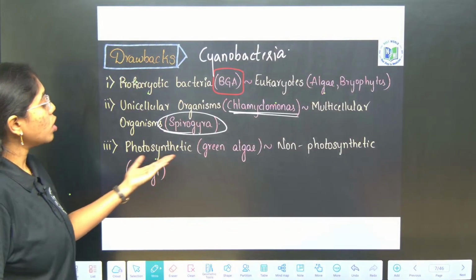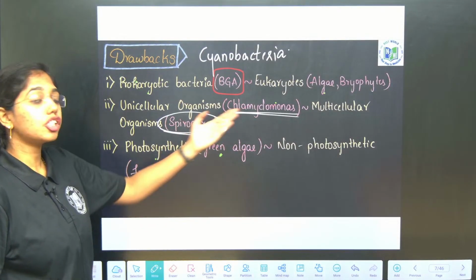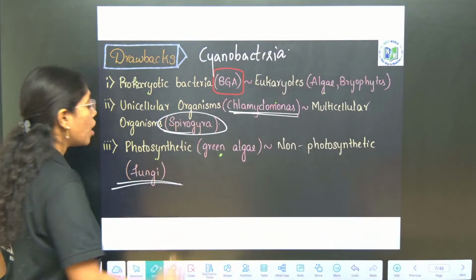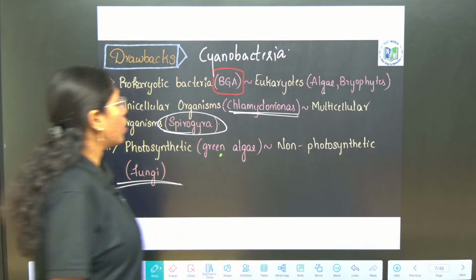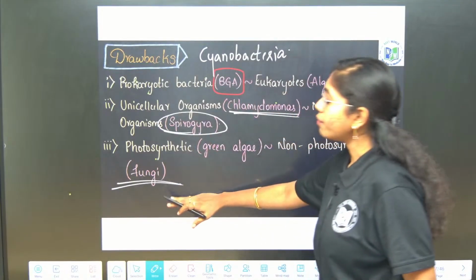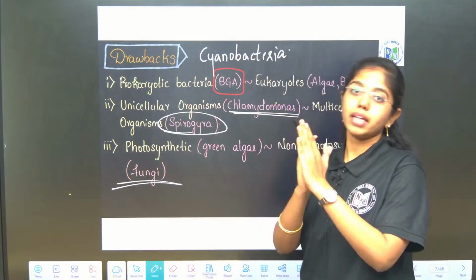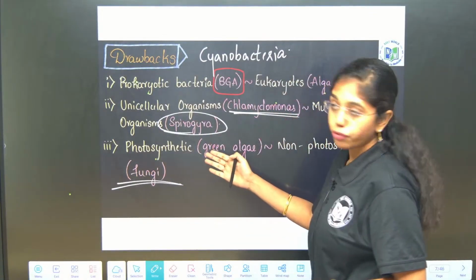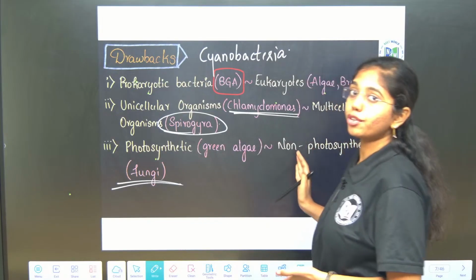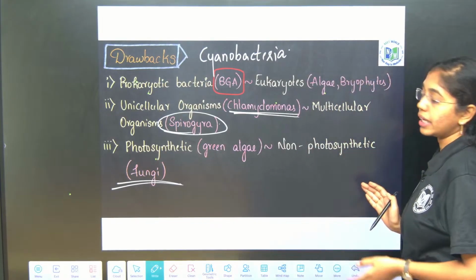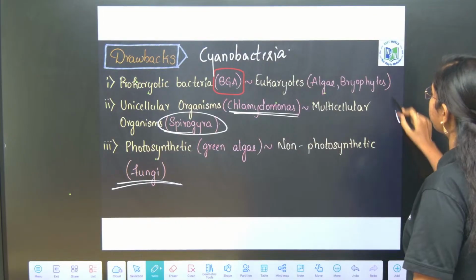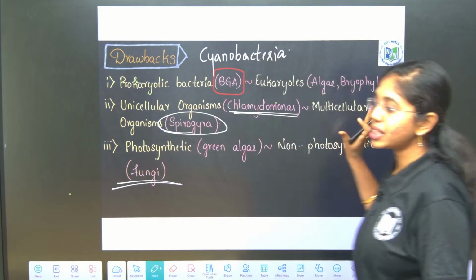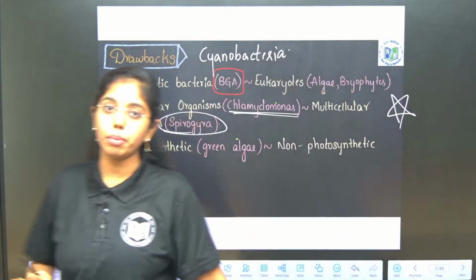And photosynthetic green algae were placed along with non-photosynthetic, multicellular fungi. So green algae and fungi are placed in the same kingdom, that is Plantae. One is photosynthetic, the other is heterotrophic. You have to remember the examples for sure. These examples are mentioned in our text.